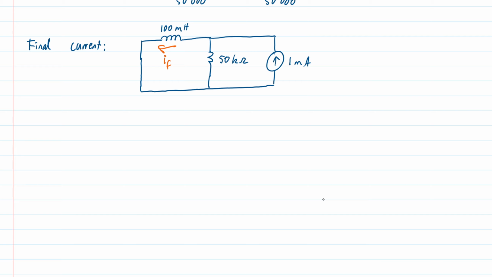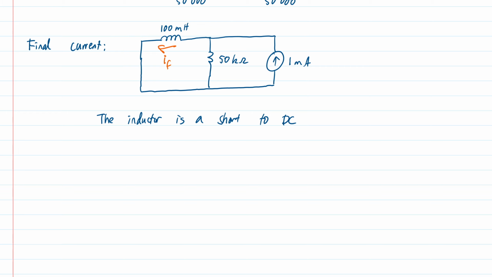And so to DC, that inductor is a short, which means that all of the current that comes from this source is going to flow through the path of least resistance, which is the short circuit straight through the inductor.